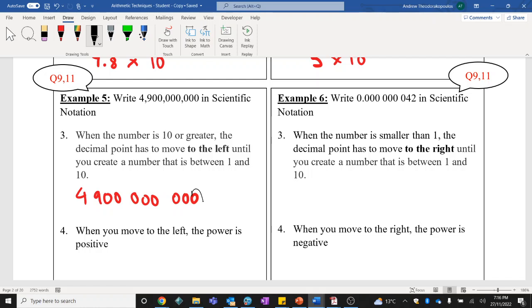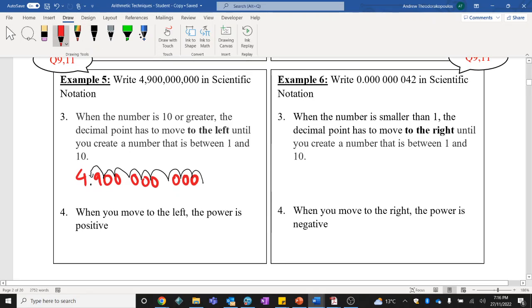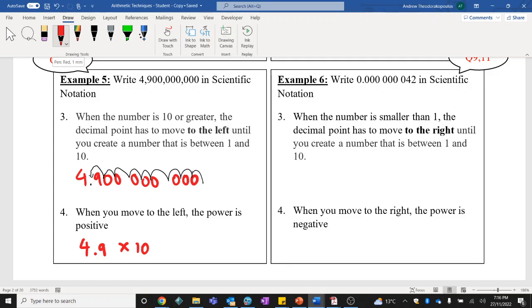So I'm going to move it until I get to make a number that's between 1 and 10, which would be 4.9. So let's write down 4.9, multiply it with 10. Now how many times do we move to the left? 9 times. And because we move to the left, the power on top is positive. Left, positive.